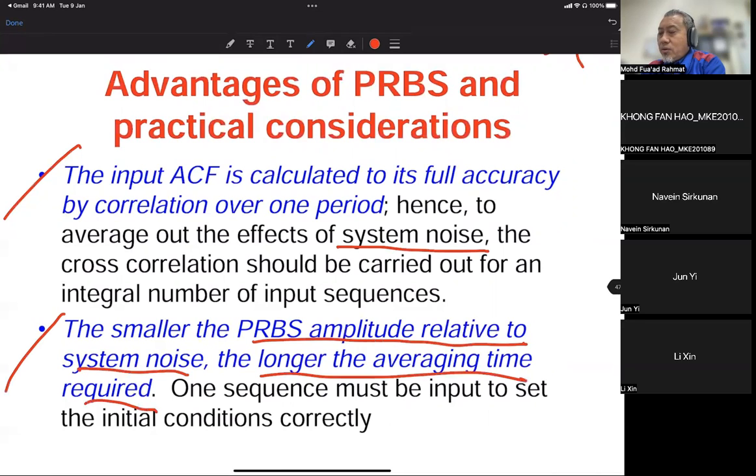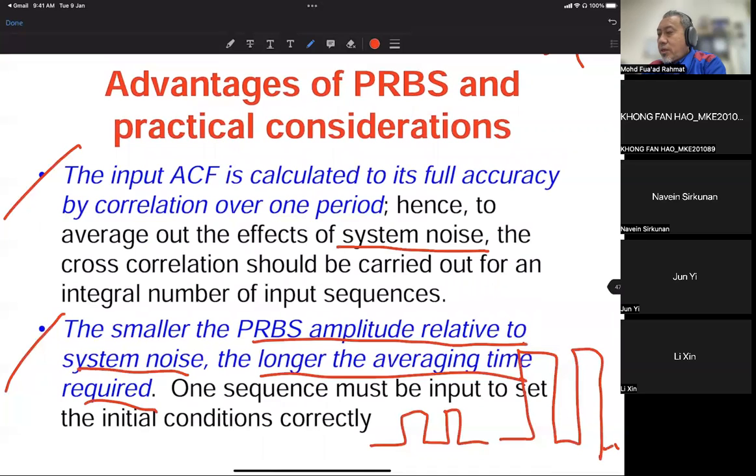That's why if we have a PRBS signal like this that is very small, we increase the amplitude so that we can differentiate it from the noise. The amplitude of the signals is more significant compared to the noise disturbance, as in blue.